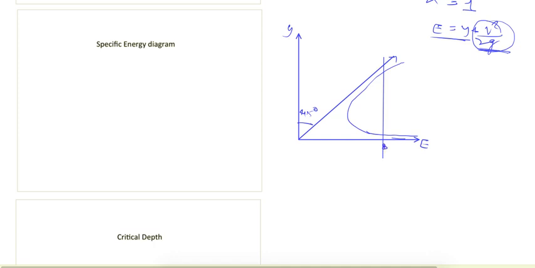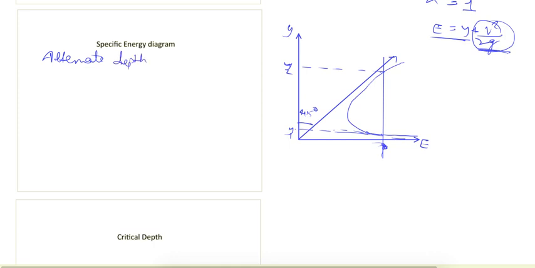If I take this as the specific energy line, it corresponds to some depth y1 here and also some depth y2 here. At both these points the specific energy remains the same, and so these two depths are called alternate depths.